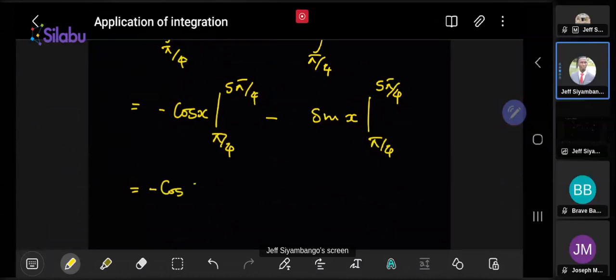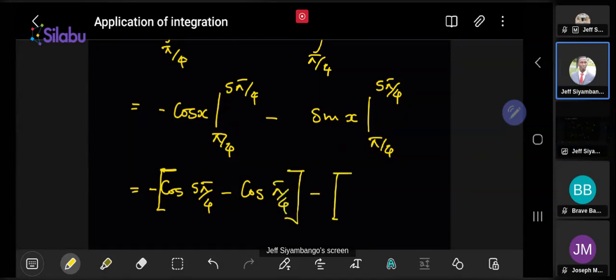So this is cos 5 pi over 4, and then minus that negative there. Then minus here, we have sine 5 pi over 4 minus sine pi over 4.